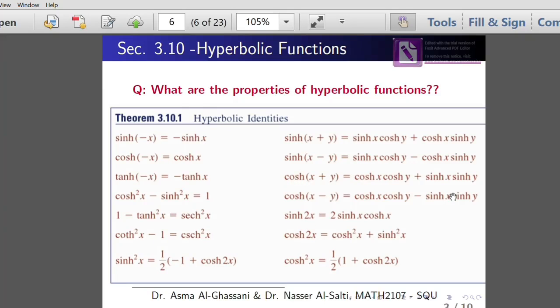So what are the properties of hyperbolic functions? Similarly to the trigonometric functions, we have properties that some functions are even and some are odd. We have sine squared plus cosine squared equals 1, and so on.